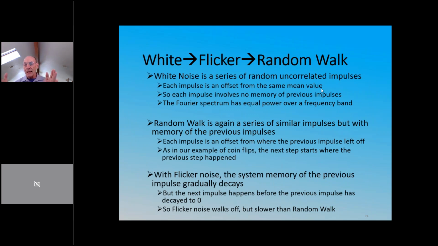At the opposite end, the changes in temperature in the iron bar will exhibit flicker noise. So that's an example, a way of understanding white noise, flicker noise, and random walk.